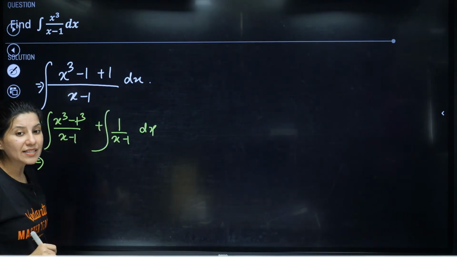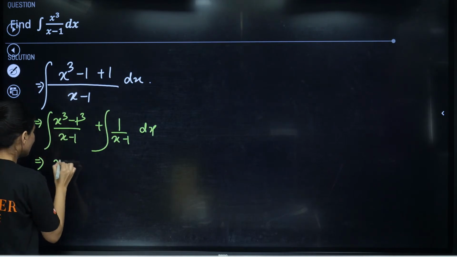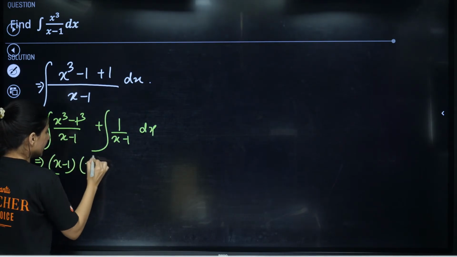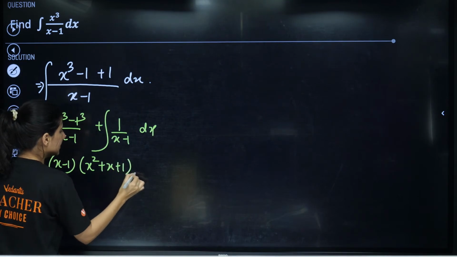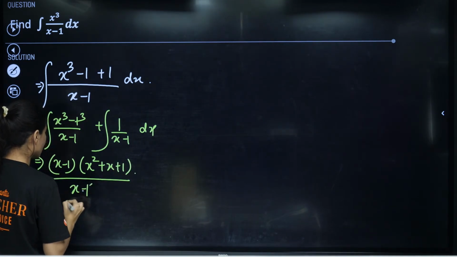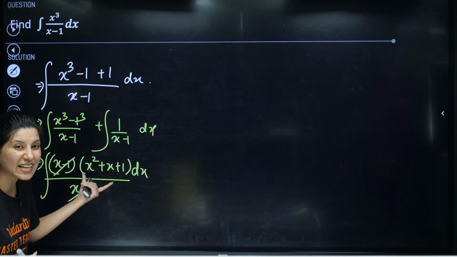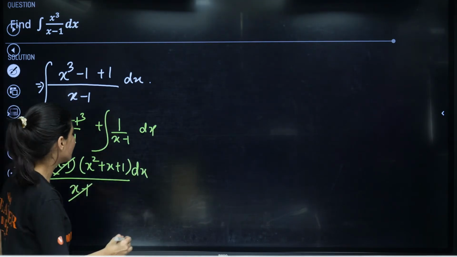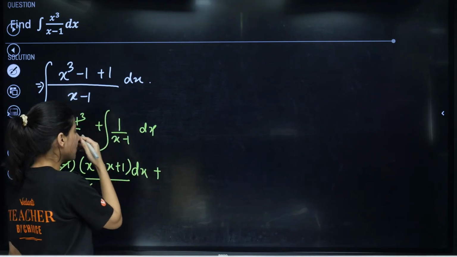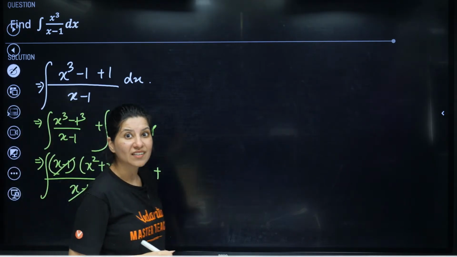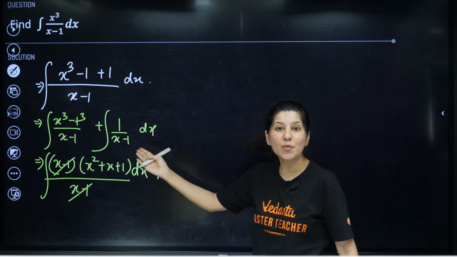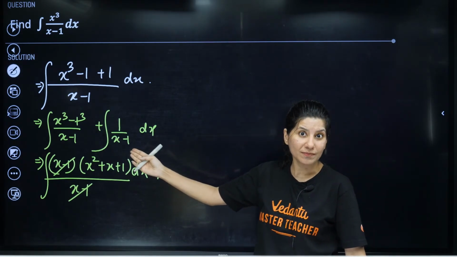Now a cube minus b cube is (a minus b)(a square plus ab plus b square). So x cube minus 1 upon x minus 1 is (x minus 1)(x square plus x plus 1) upon x minus 1. This will get cancelled out. So now the integration of just x square plus x plus 1 will be easier for us. And now this 1 upon x minus 1 is of the 1 upon ax plus b form.